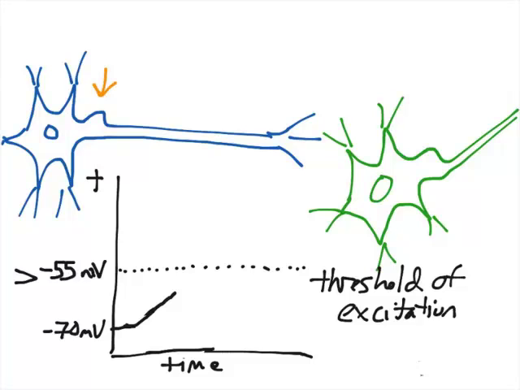So, when you hit about negative 55 millivolts, that is what's going to trigger the voltage-gated sodium ion channels to open up. Now, looking at this scenario, I said sodium doesn't come in because the cellular membrane is not permeable to sodium.